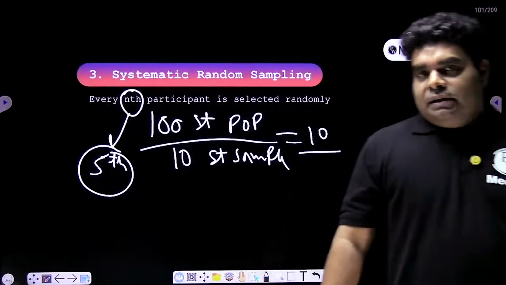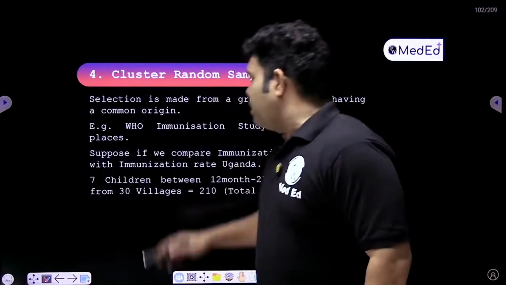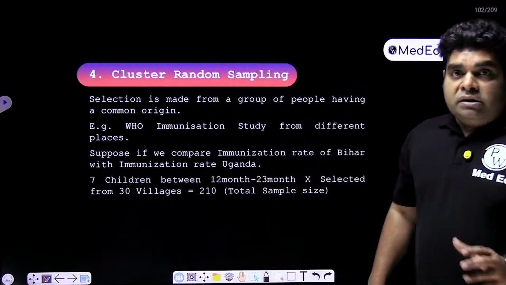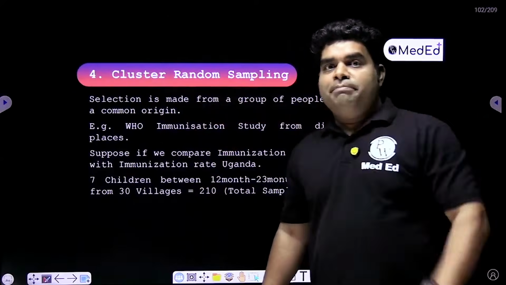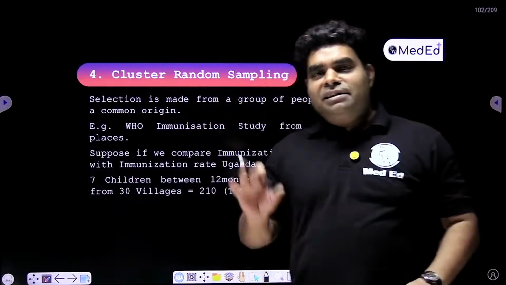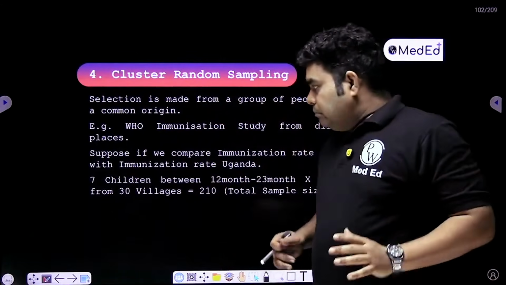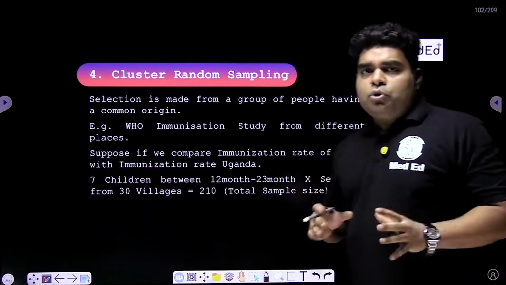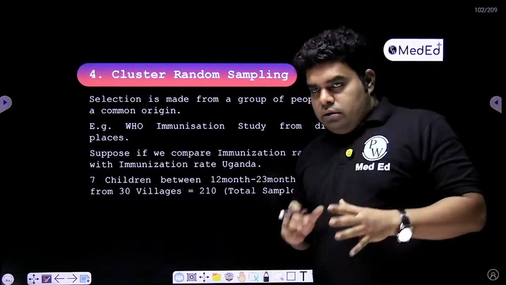Okay. Now the 4th type of sampling is cluster random sampling. Suppose I choose the whole front bench of 5 people or the whole back bench of 5 people. That is cluster random, because cluster random means you are choosing people in clusters.